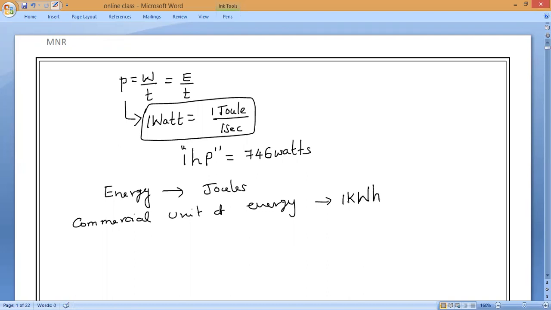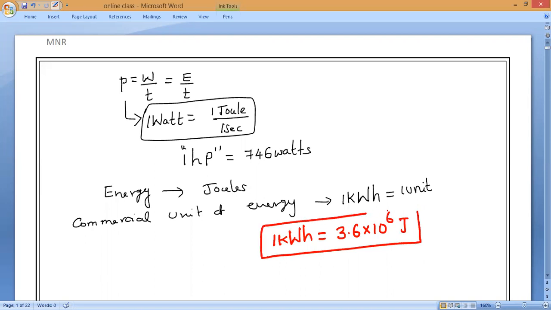So 1 kilowatt hour is equal to how many units in general language? 1 unit. And 1 unit or 1 kilowatt hour is equal to how many joules? 3.6 into 10 power 6 joules. That is equal to 1 unit. Yes or no?